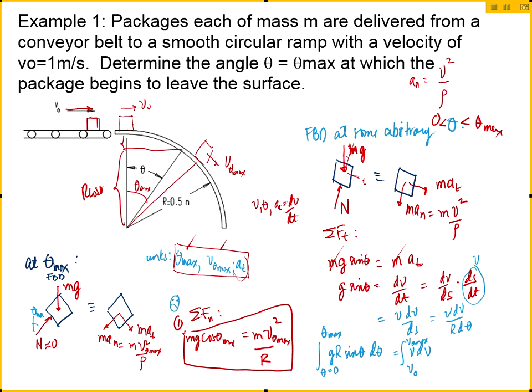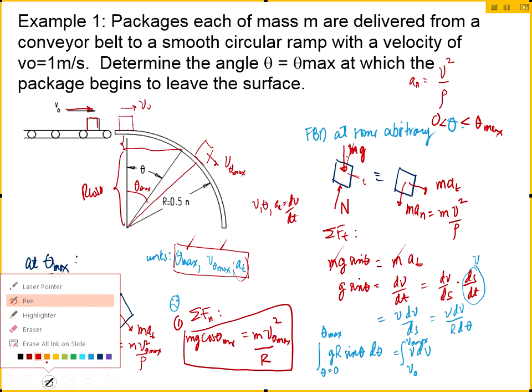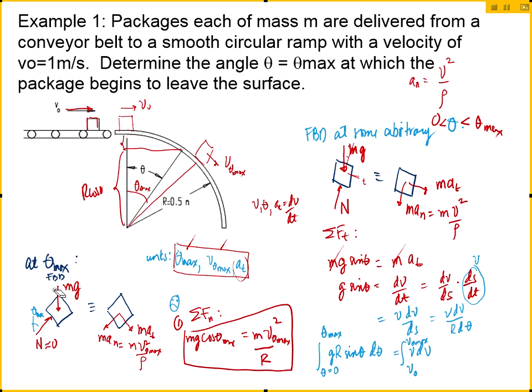Where is this coming from? I'm combining vectors in the normal direction. So m g cosine, oh, is it cosine? Yeah, cosine, because this is theta max here. So theta max is the position relative to the vertical.